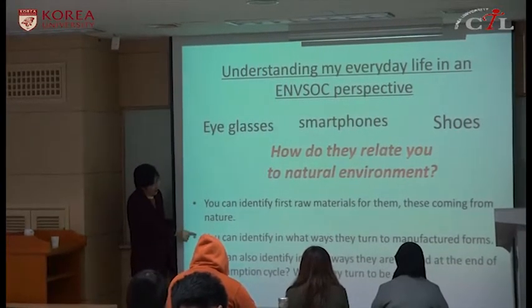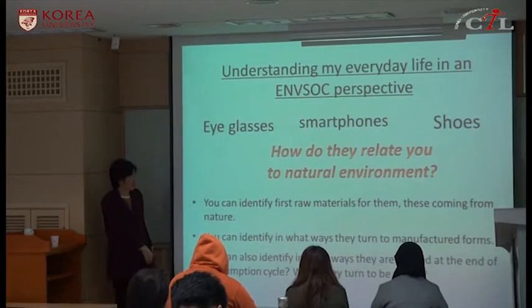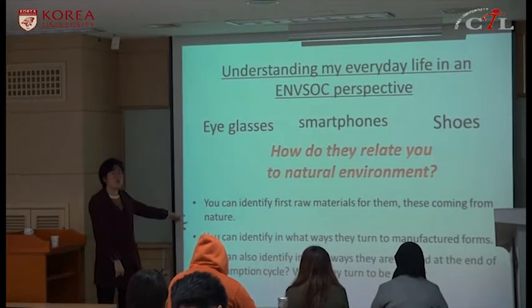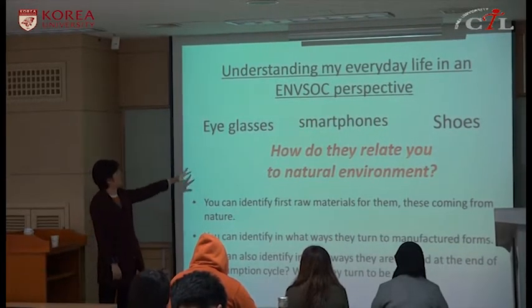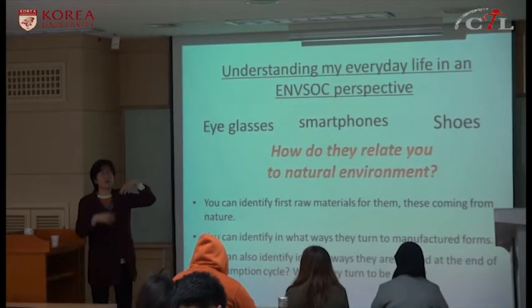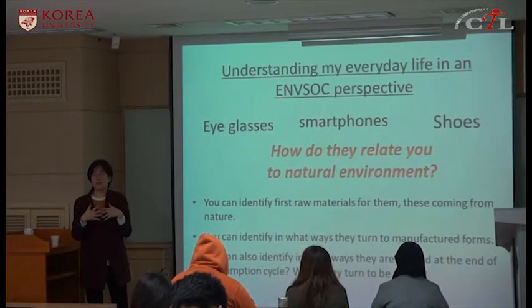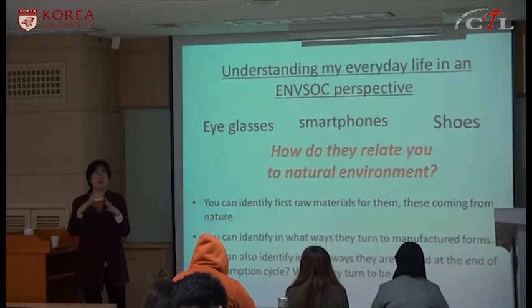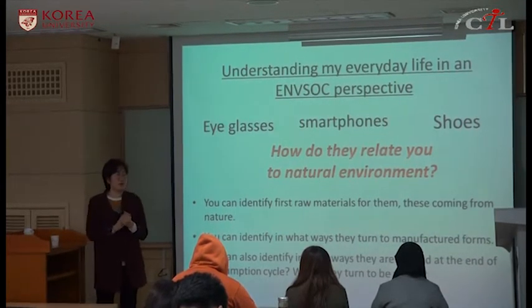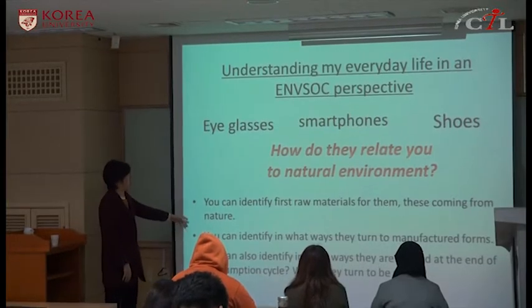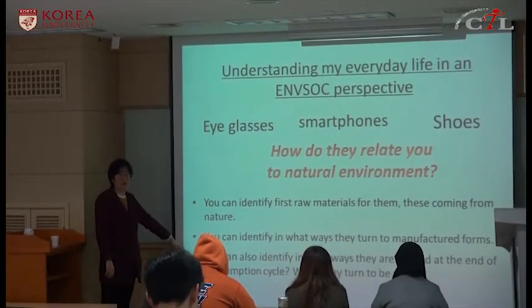So I suggest this kind of research question, research idea, to help you have some environmental social imagination of how modern life relates to the natural environment through the consumer products we use on an everyday basis. So I suggest these research ideas.